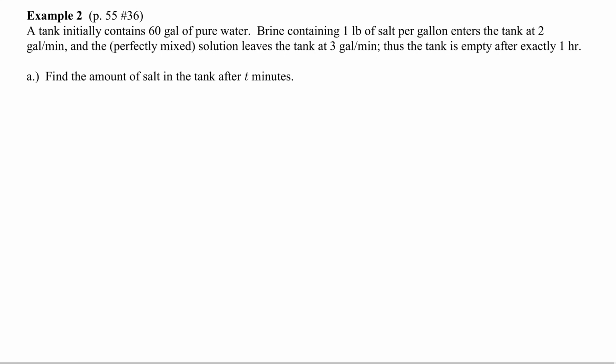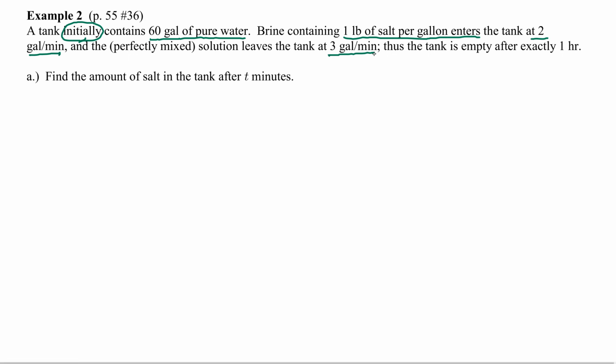A tank initially contains 60 gallons of pure water. So this is our initial amount in our volume. Brine containing 1 pound of salt per gallon enters the tank at 2 gallons per minute. And the perfectly mixed solution, we're oversimplifying it a little bit here, leaves the tank at 3 gallons per minute.